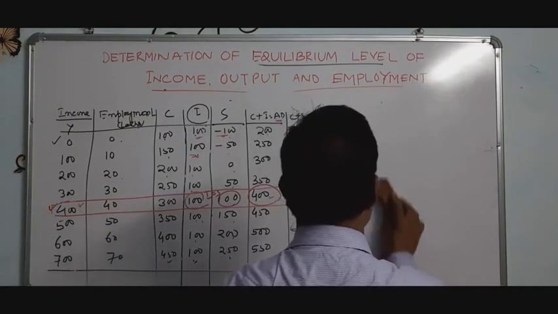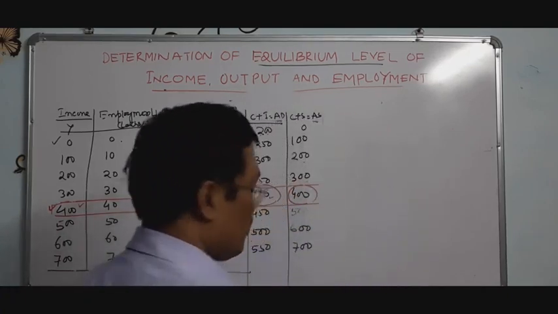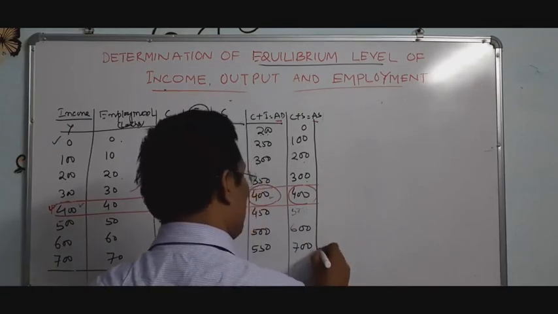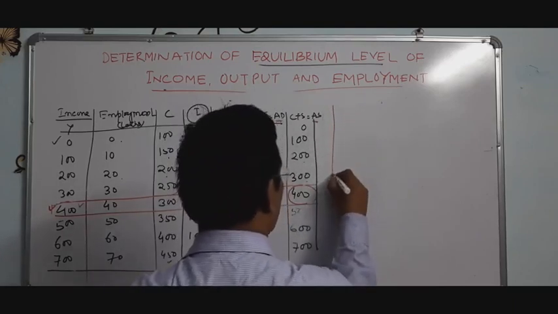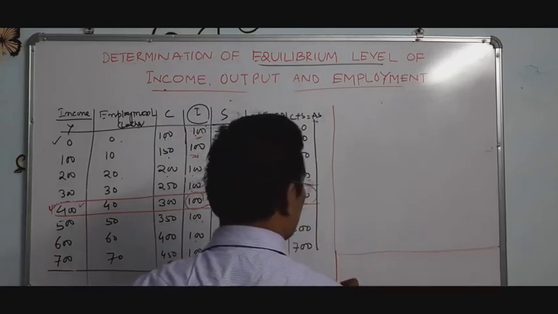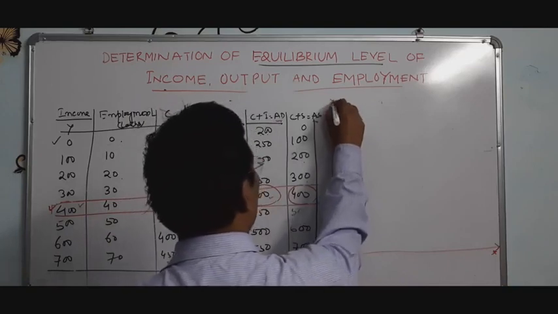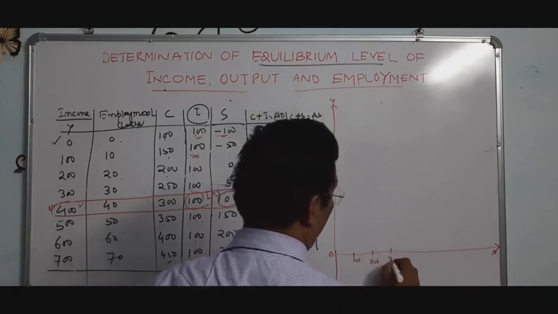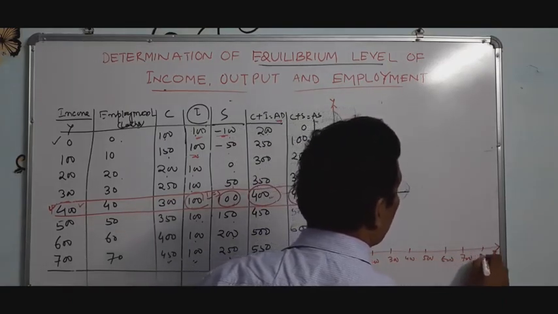This is the origin O, the X-axis and the Y-axis: 100, 200, 300, 400, 500, 600, 700, 800.